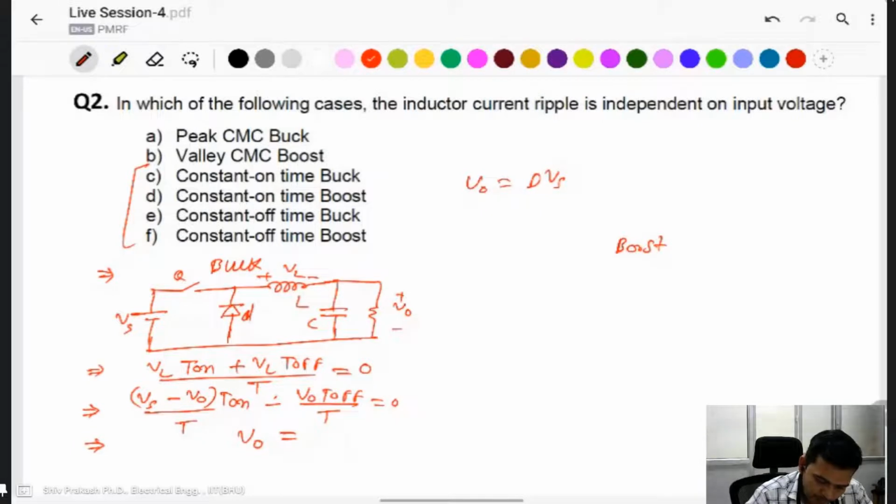You find V naught is equal to Vs into T on divided by T on plus T off, the output voltage.